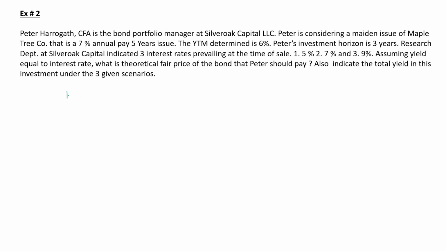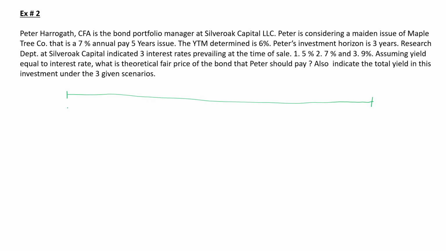And that is, always draw the timeline. If you're able to explain the problem through the timeline diagram, it is extremely unlikely that you will be committing any mistakes. Of course, the calculation error is something which is not being held accountable here.